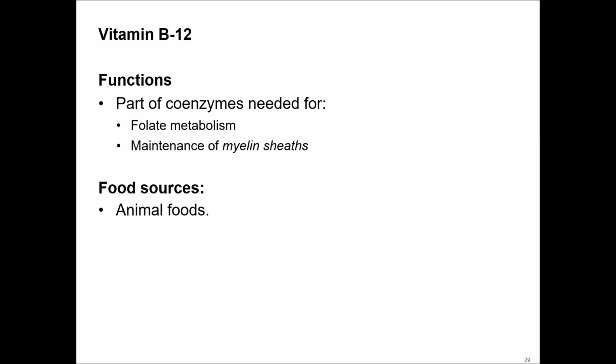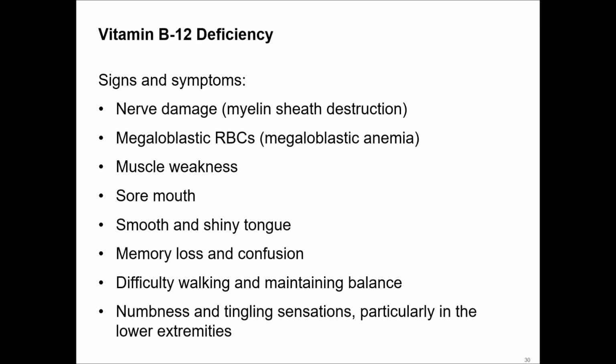Next time you look at a box of cereal, especially the B vitamins, you'll see a lot of times certain types of cereals that have B vitamins added to them. So they've been fortified with these. Long list of signs and symptoms for B12 deficiency.